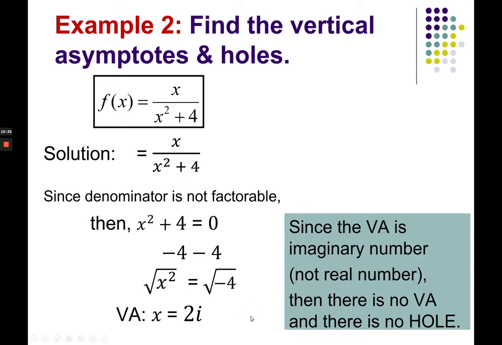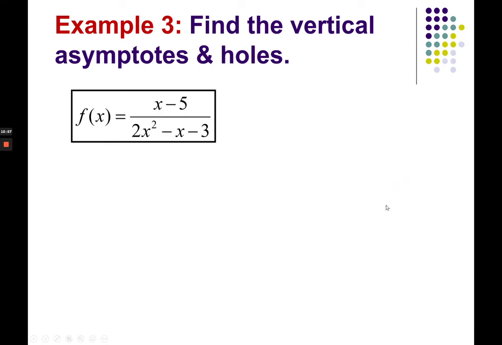Since the vertical asymptote is imaginary, not a real number, then there is no vertical asymptote. There is also no hole, because a hole can only exist if there are cancelled factors on both the numerator and denominator.